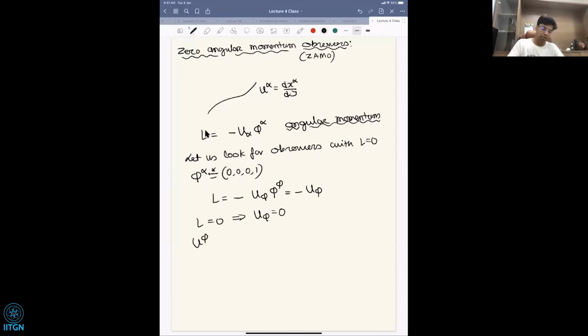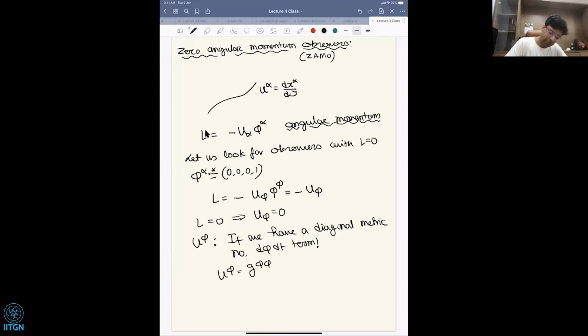Note that if we have a diagonal metric, that means the metric for which there is no dphi dt term globally, exactly like, for example, the Schwarzschild metric, then u phi is nothing but g phi phi u phi. It's a diagonal metric, no mixing of anything, no g t phi term, or g r phi terms or anything. So it will be 0 if u phi equal to 0.